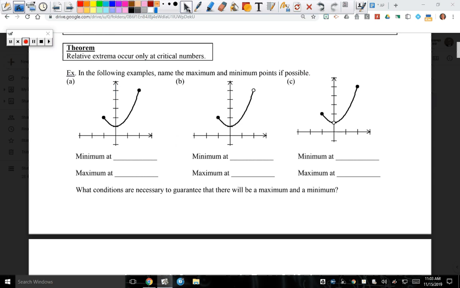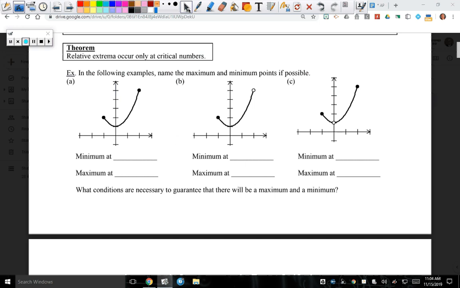If you have one of those functions where it's a line, would you be able to say the x value that has that maximum or minimum, where it is an interval? Nope. You would not. Nice question. You would not be able to say. You would just say, what is the maximum? What is the min? Just like you wouldn't be able to say, where are the critical points? If they're all 0, they're all critical.